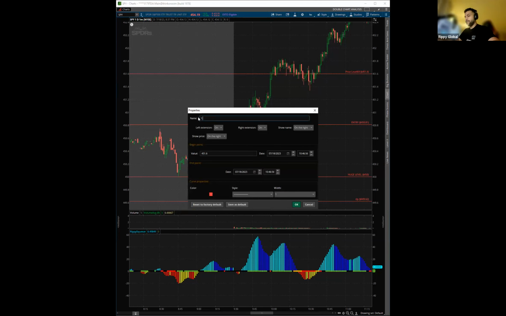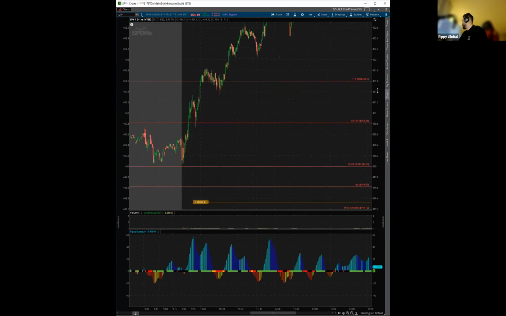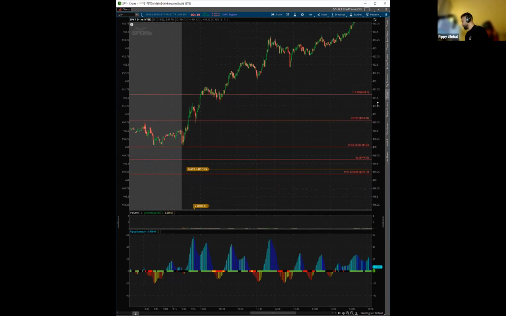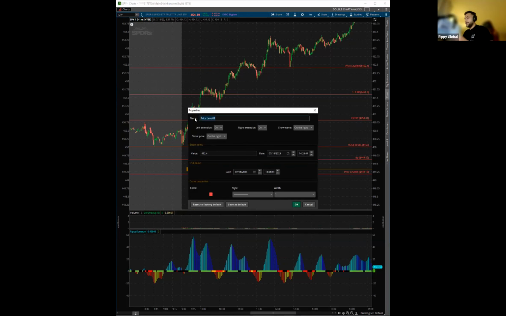I'm at 1-to-1 RR. This is from a chart perspective. From 450.8, from a 2-to-1 perspective, you want to look at 452.4. This is a 2-to-1 RR.